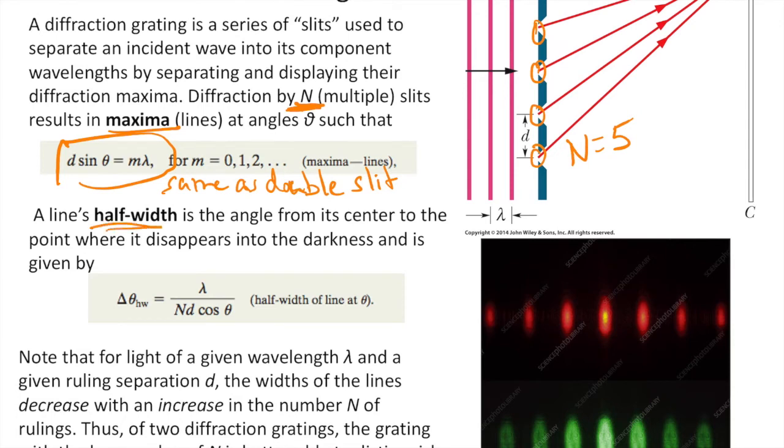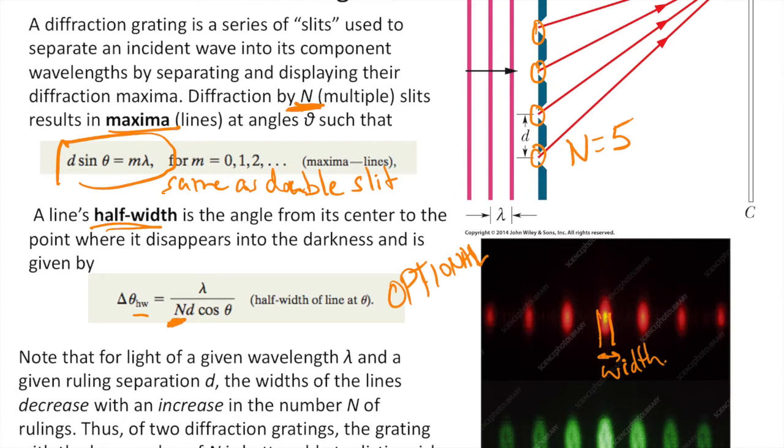But the half width, kind of like how big these spots are, here has to do with the width. And typically we talk about something called half width instead of width. Actually, I'm not going to have you use this equation. Optional equation, but I think it's interesting to think about. You should at least understand conceptually that the half width depends on n.